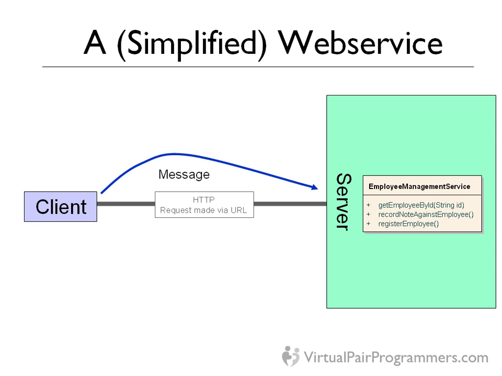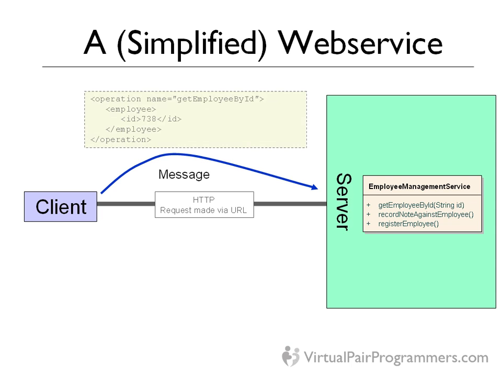The language on the server might not have methods, so we have the more neutral concept of a message, and the structure of that message isn't going to be some kind of complicated binary format. By the way, Java's RMI does indeed use a rather complicated custom binary format. In web services, we usually use a simple XML document.